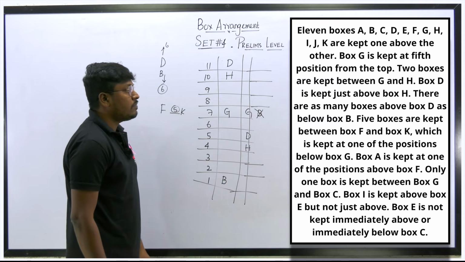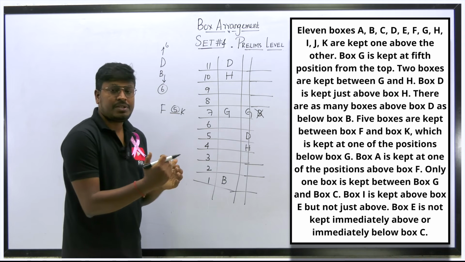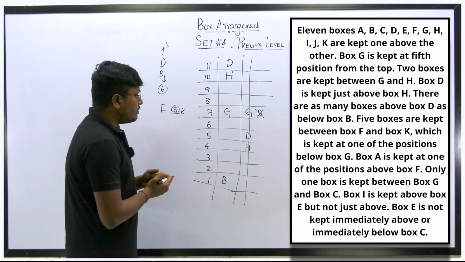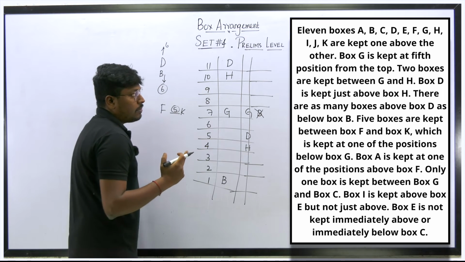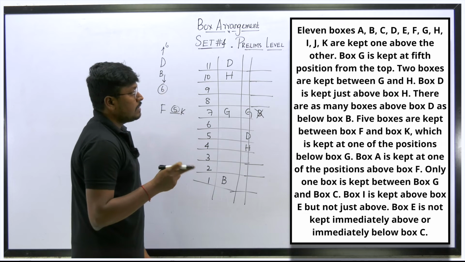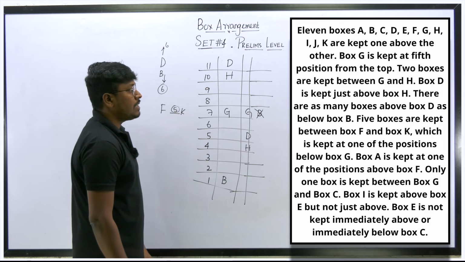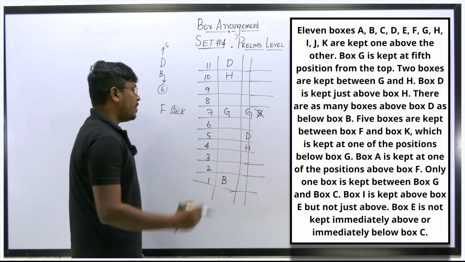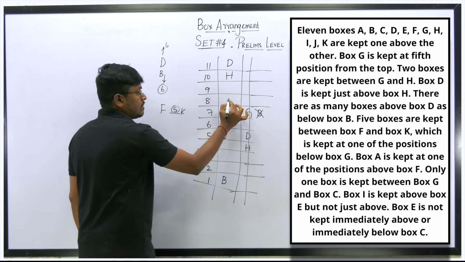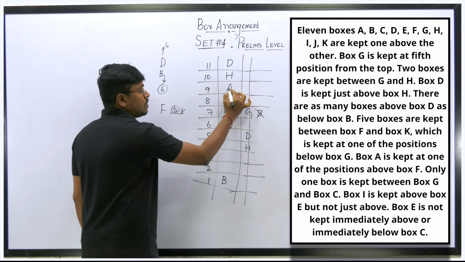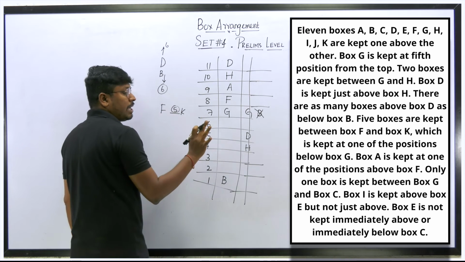Box A is kept at one of the positions above box F. Just see, above box F, in one of the positions is box A. So if I fix F here, we can't fix A. So definitely this should be F and this should be A, because A is at one of the positions above F, and we know that between F and K there should be a gap of 5 boxes.